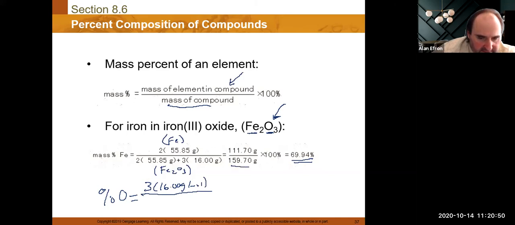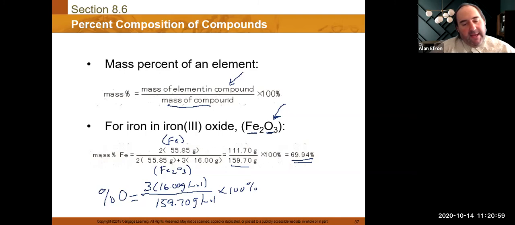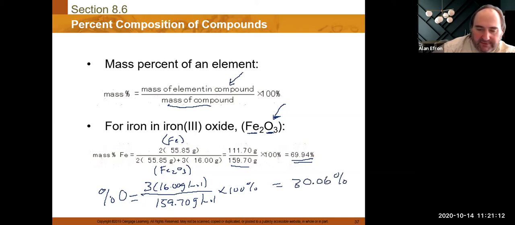So I'm going to steal their number there, which is 159.7. We'll hope that's right. We're going to times it by 100%. And if we do that, 3 times 16 divided by 159.7 times 100 gets us something like 30.06% oxygen.